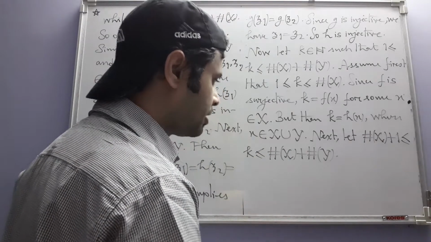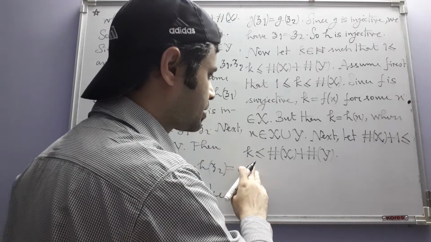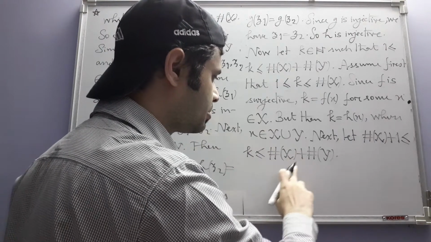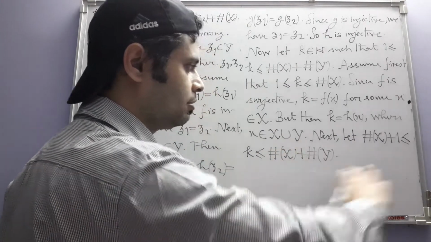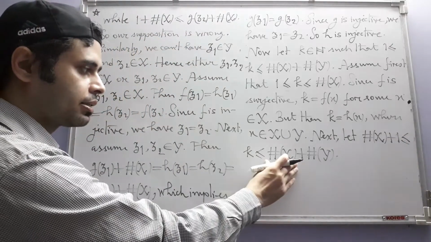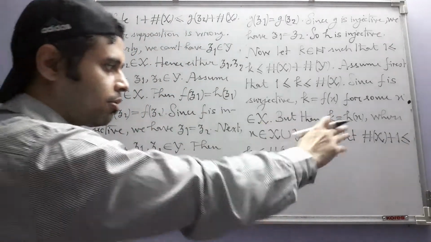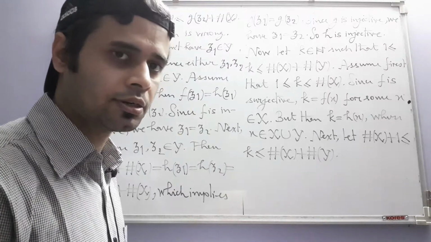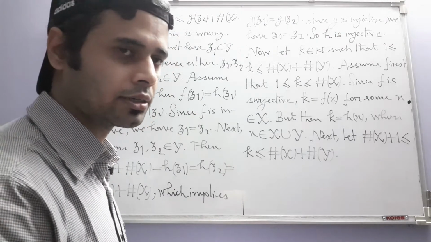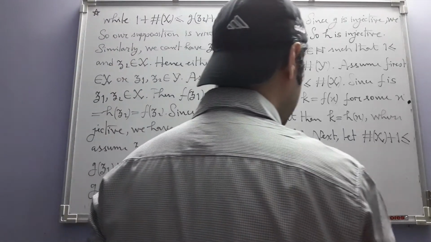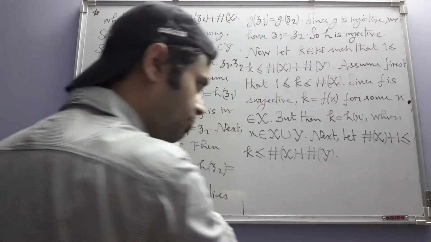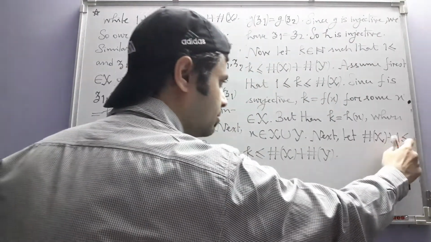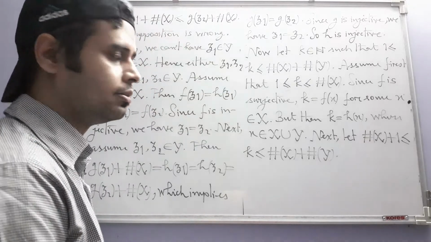You may be tempted to subtract this natural number throughout, that is, subtract the cardinality of X from all the terms. However, we cannot do that because we don't have subtraction.